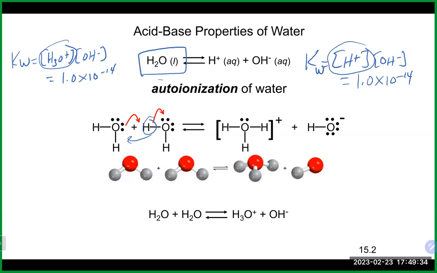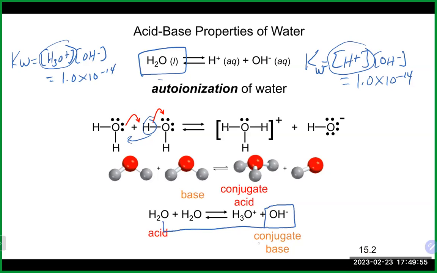Personally, I will probably use H plus most of the time, but anywhere I throw down an H plus, you could slap in an H3O plus, and it's all the same deal. In this case, we still have our conjugate acid-base pairs: water as an acid and its conjugate base, and water as a base and its conjugate acid. Once again, there is only one H plus difference between each pair.